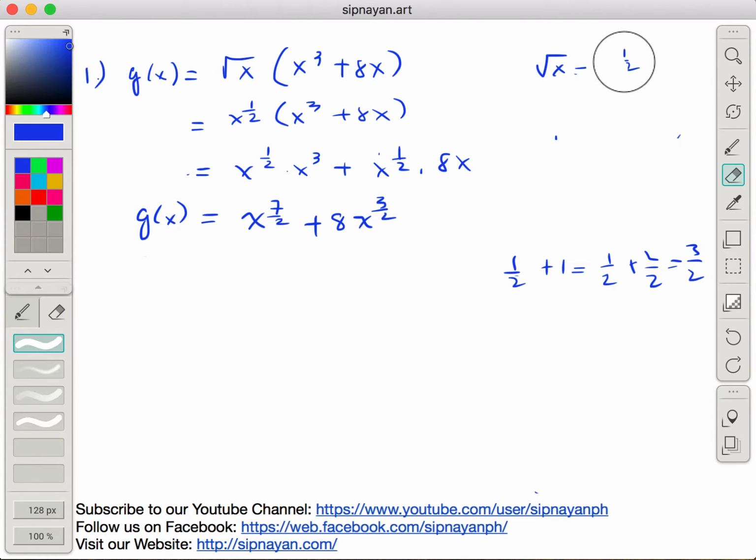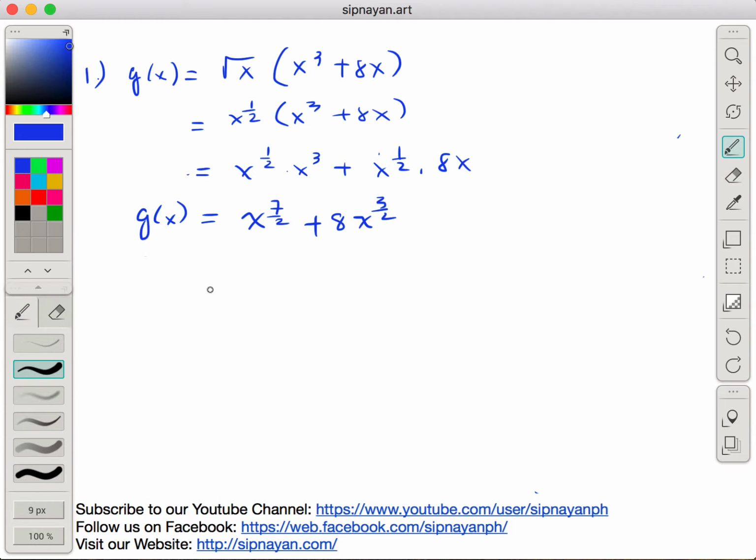So, g prime of x is equal to the derivative of x to the 7 halves plus the derivative of 8x to the 3 halves.